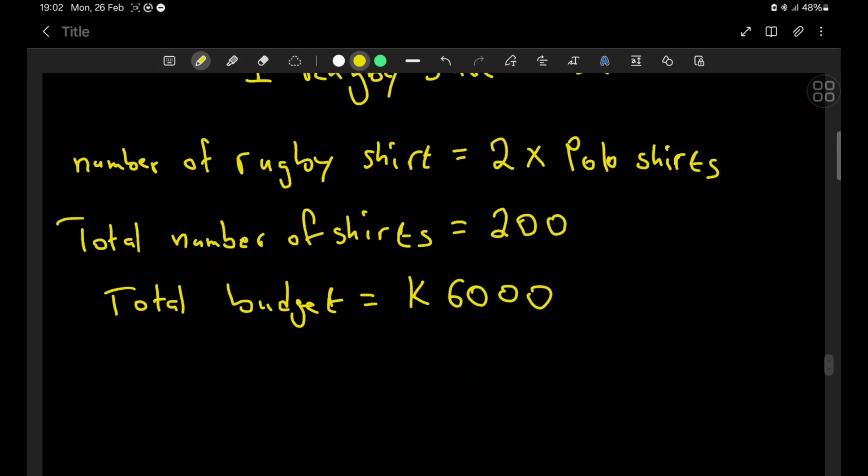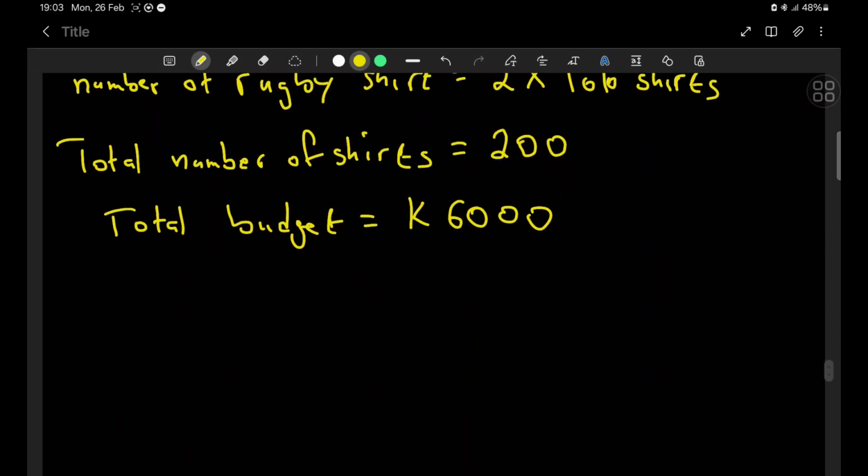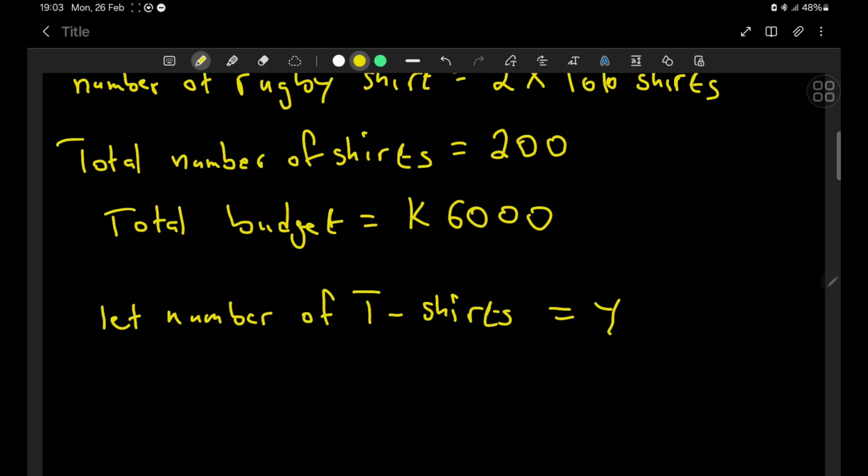So now let's give each shirt a variable. Let's say the number of t-shirts be equal to y. We'll give it the letter y. Then polo shirts, we can give a variable x.